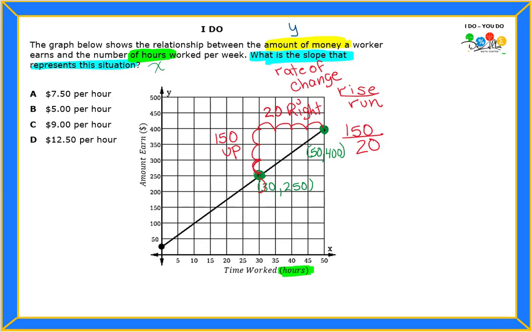So this is 50, 100, 150. And then instead of going to the right, I'm going to go to the left, 20. So this is 5, 10, 15, and 20. So notice how the point that I found is on the line. Very good.